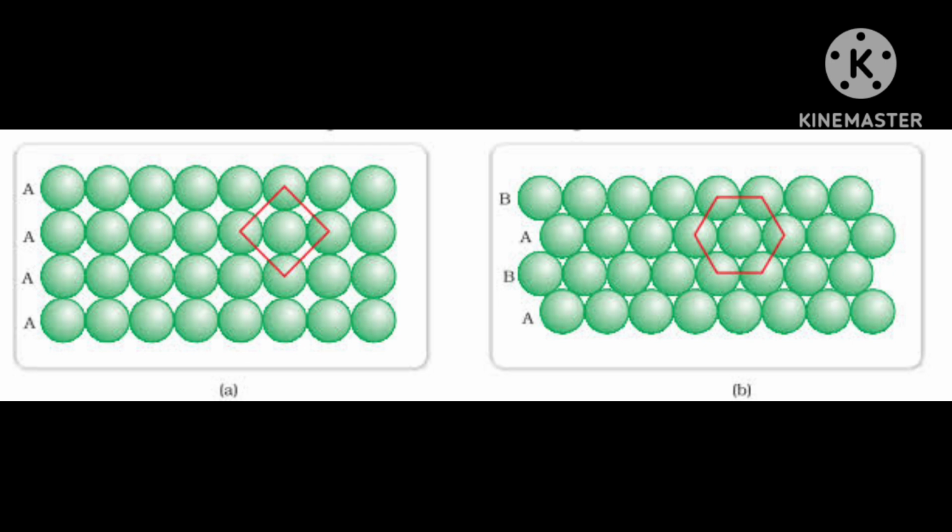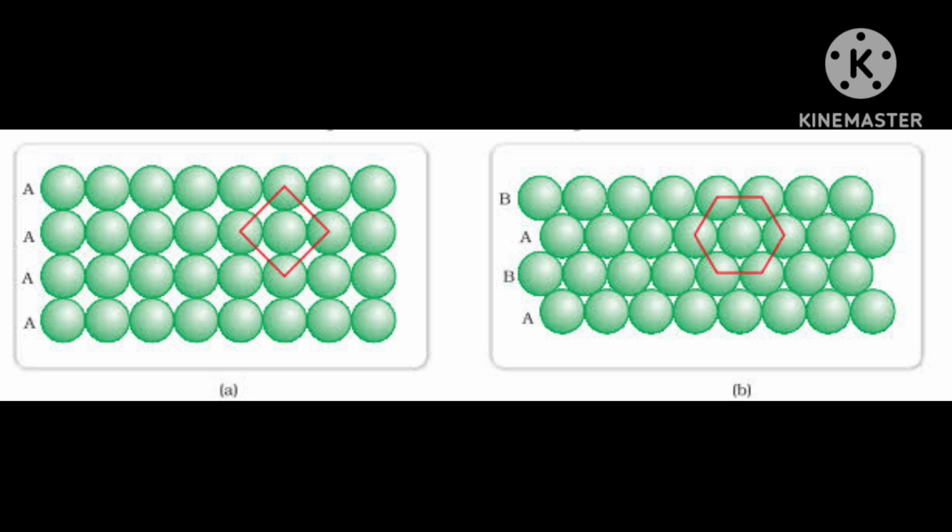Each sphere is in contact with 6 of its neighbors. Just like in a square, you have seen in the middle of a square one sphere was there, touching 4, so the coordination number was 4.